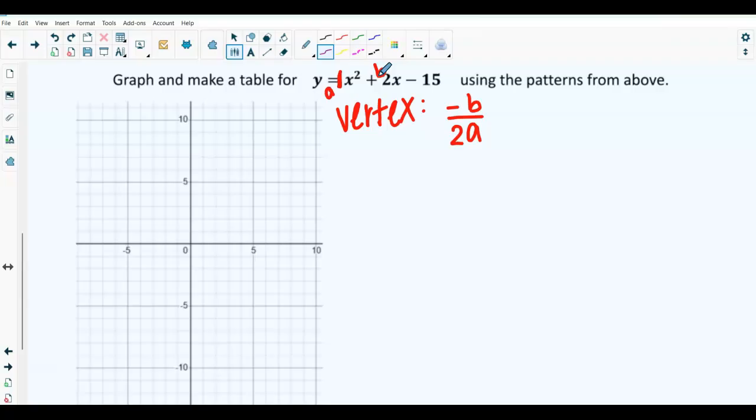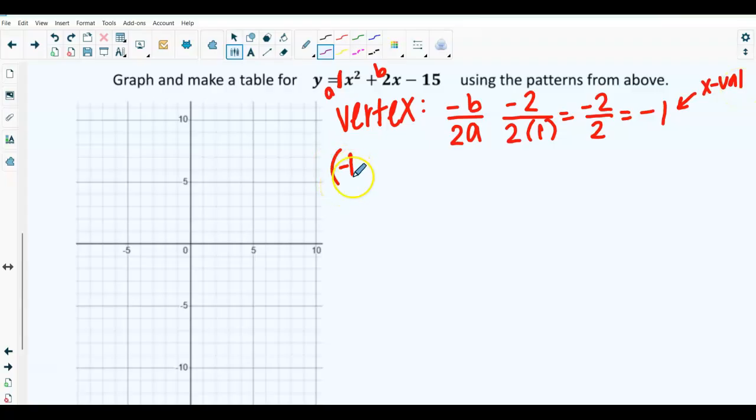So our b is 2. So if we substitute opposite of b, b is 2, so the opposite would be negative 2, all over 2 times our a value. This gets to be negative 2 over 2, which is just negative 1. Now remember, this is only the x value. So we know with this little formula, it's negative 1.